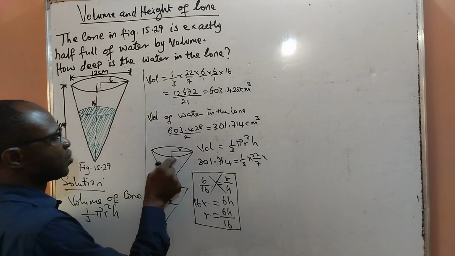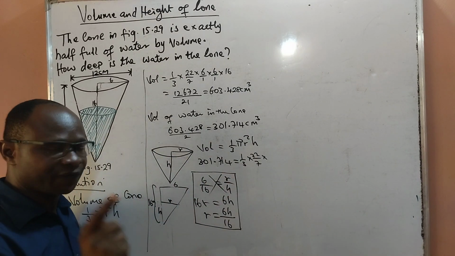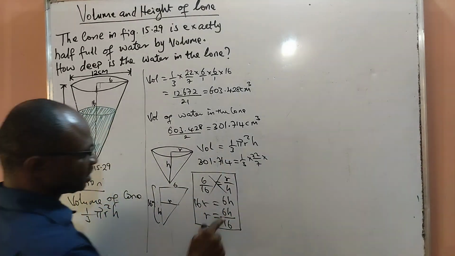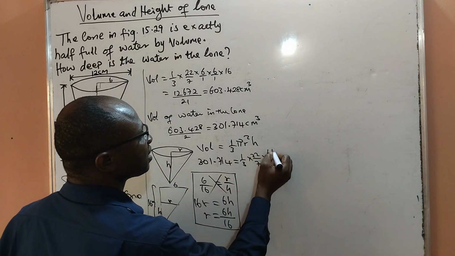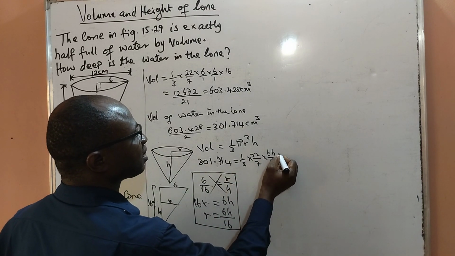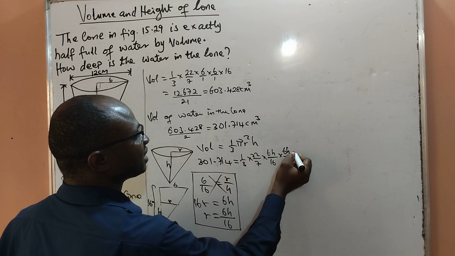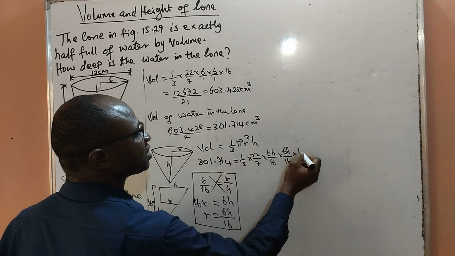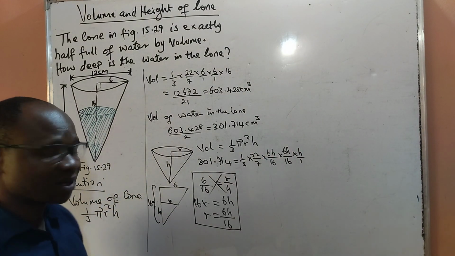Why? Because we are talking about a cone, and this is the formula to calculate the volume of a cone. Now, that r is found in terms of h, which is 6h all over 16 multiplied by 6h all over 16. Then multiplied by the height, which is h all over 1. Very good. I hope what I have done now is very clear.